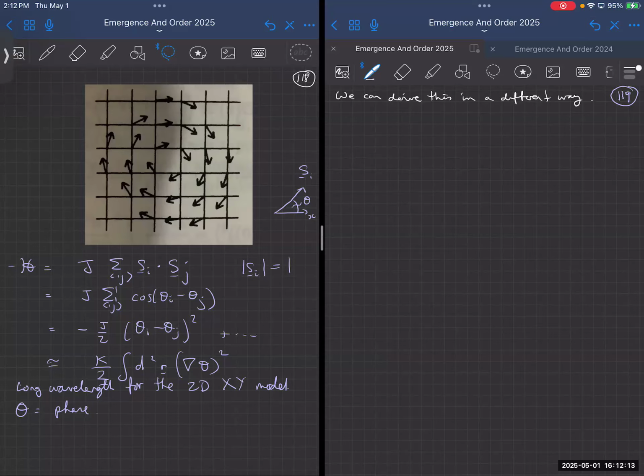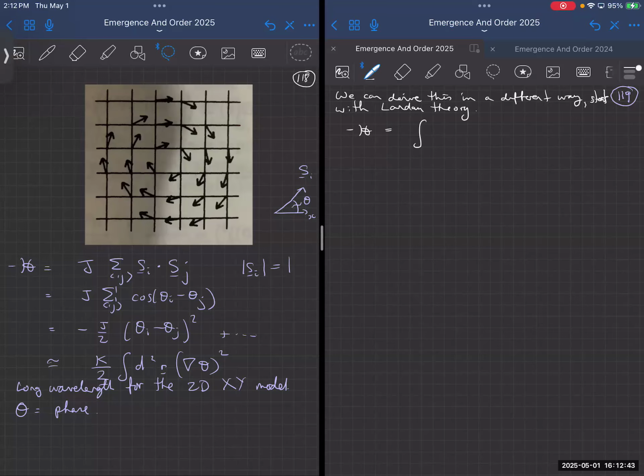And that way is going to be one that starts with the Landau theory. And I want to show you this trick because it justifies something that I told you at the beginning of this section related to the freezing out of amplitude degrees of freedom. So I'm going to start off by writing down the Hamiltonian of the system as something like this.